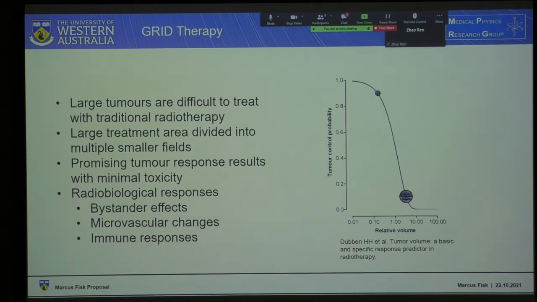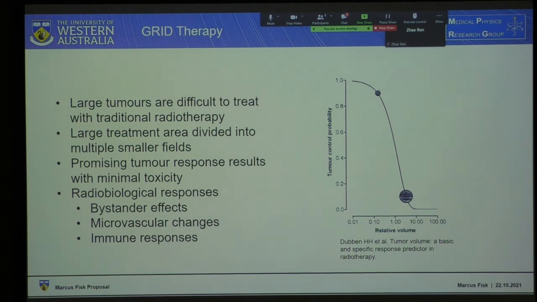So far there have been promising tumor results with minimal toxicity levels for these treatments. There is some consensus on the radiobiological responses.